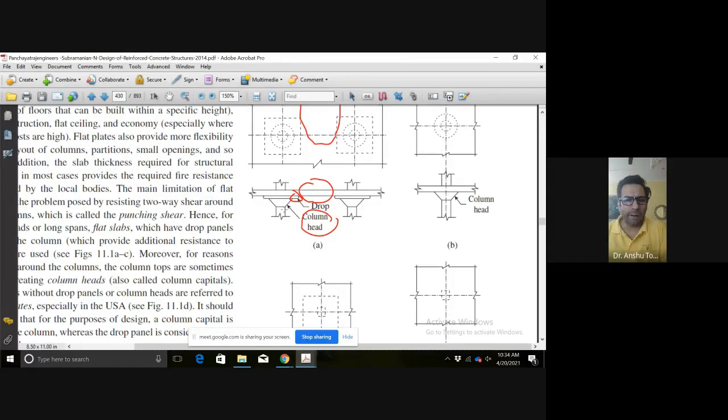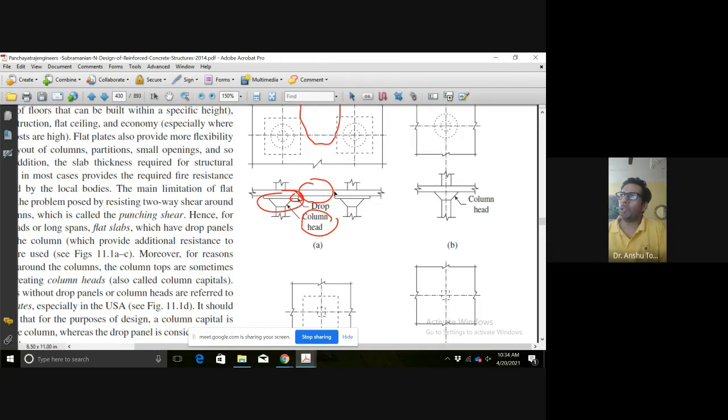So there are different names for this particular region. If you go to any other author's book or any other research paper, you will find different names. But basically, the two most common names are column head and column capital.